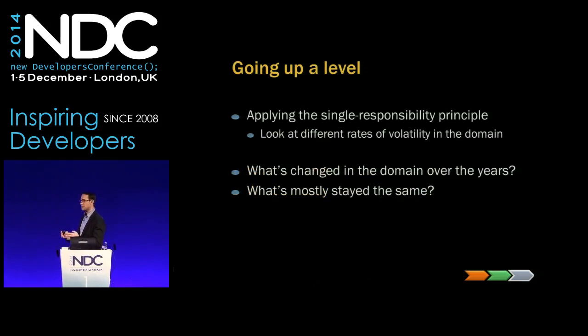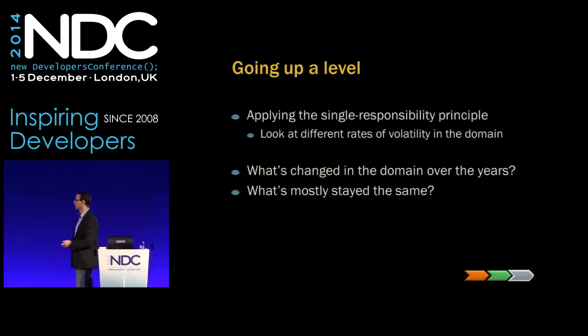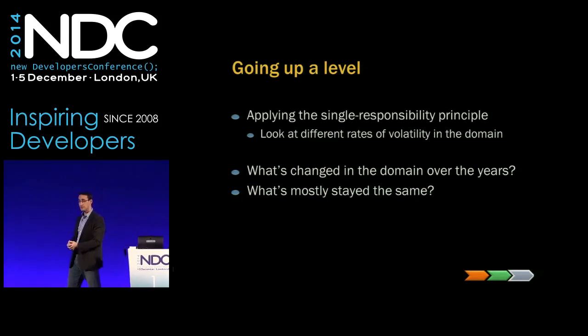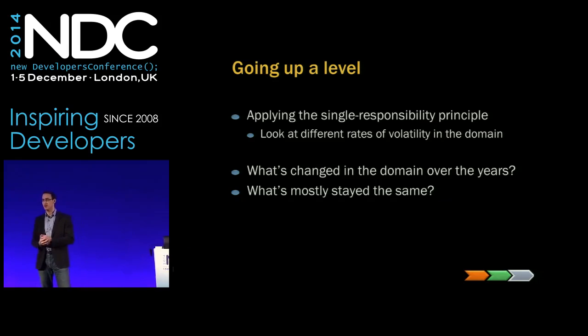And the basic principle of service-oriented architecture is really the single responsibility principle. When we say that services are autonomous, when we say that services have explicit boundaries, that's just a fancy way of saying stick to the single responsibility principle. Now, when we look at it, it guides us.